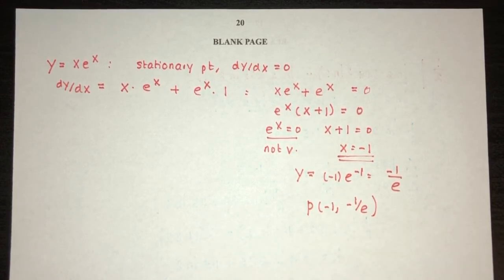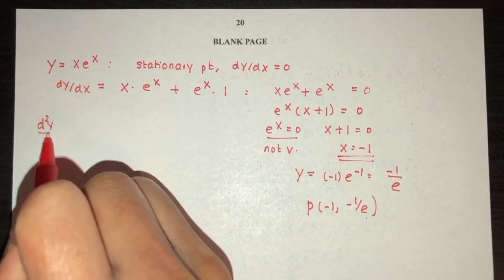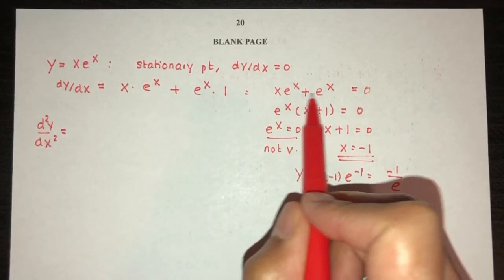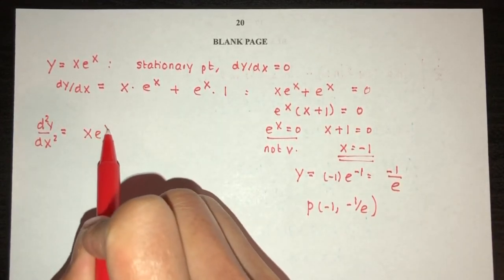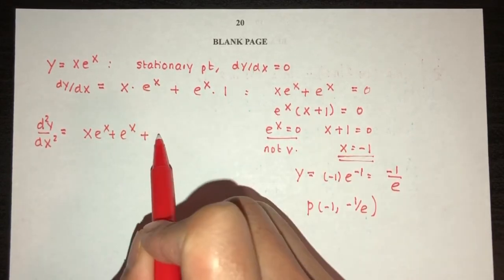So now we have to find the nature of this point. To find the nature, we have to find d2y by dx2. So d2y by dx2 will be d by dx of this function. This gives you the same thing, and this gives you the same thing.